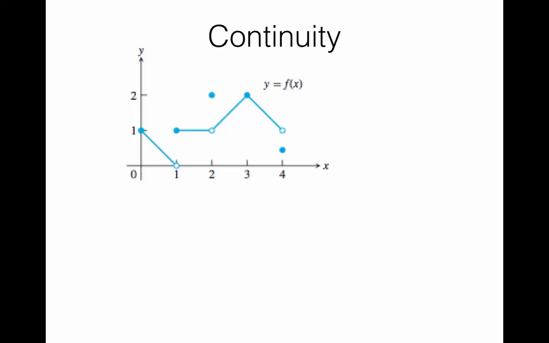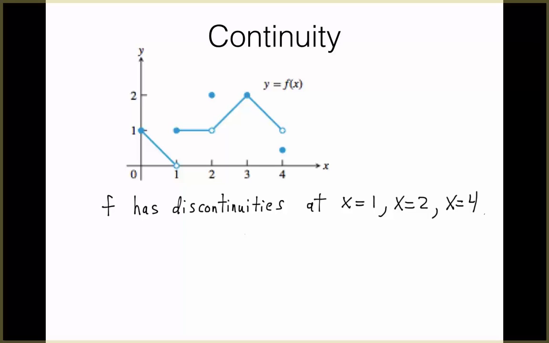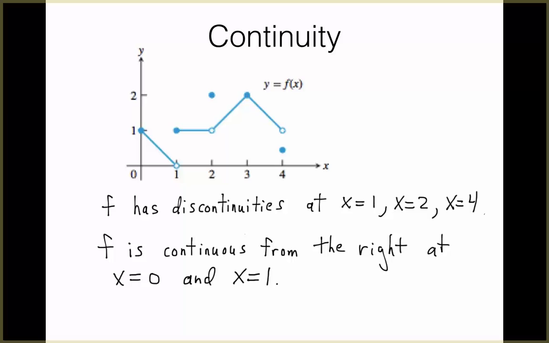So for this function, f has discontinuities at x equals 1, x equals 2, and x equals 4. We could also say that f is continuous from the right at x equals 0 and continuous from the right at x equals 1.